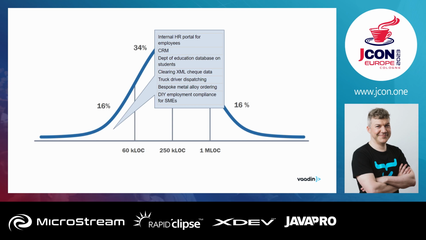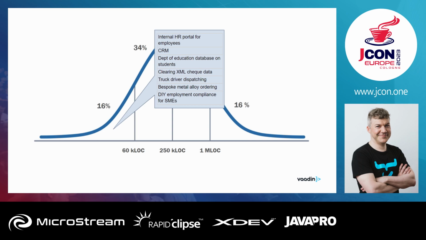The value is much more outside the functional requirements. And if we look at some of these, we'll see the example. For example, the internal HR portal for employees, they have a large number of users. So they have over 20,000 users inside the company using this application. And the Department of Education database on students is keeping track of all the personal data of kids in the country.